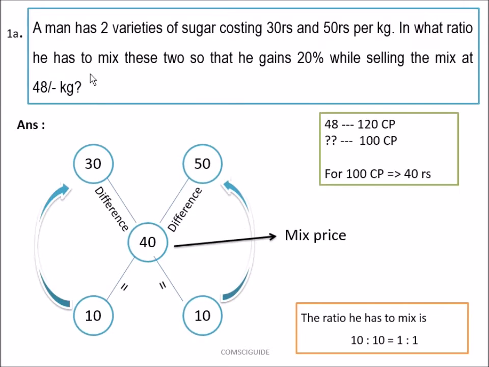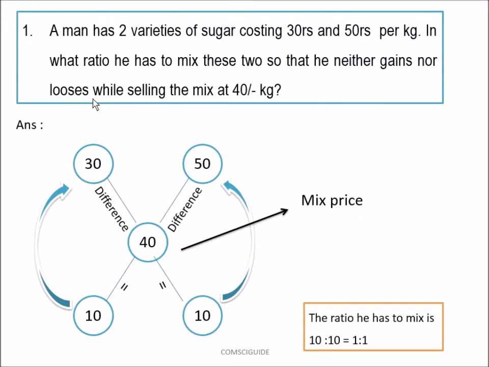And if you look at another example, here he mixes these two quantities so that he gains 20% profit while selling the mix at 48 rupees per kg. In the previous case, he neither gains profit nor loses, and he sells the mix at 40 rupees only.